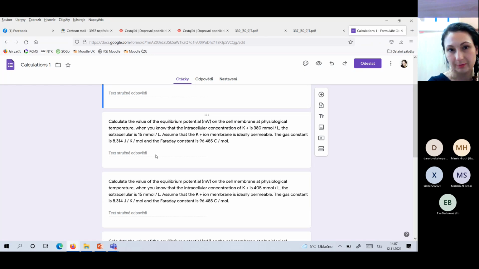For example, minus 68 millivolts. Just this very short answer. Do not calculate there or write something more complicated. It's not possible to write more, but always write the value of resting membrane potential or equilibrium potential in millivolts, as you see here. Questions?